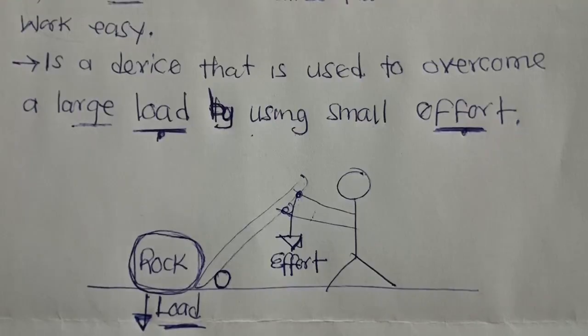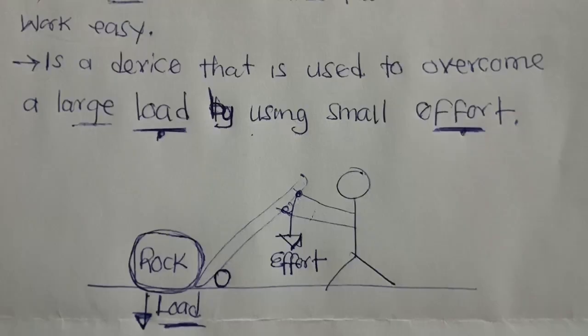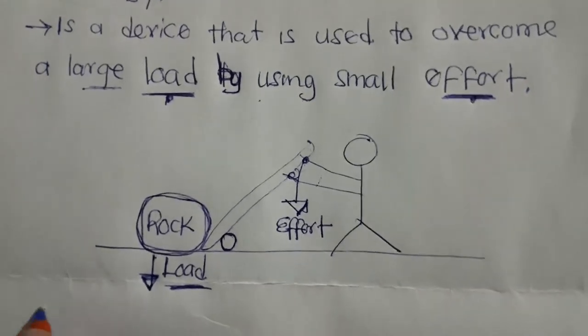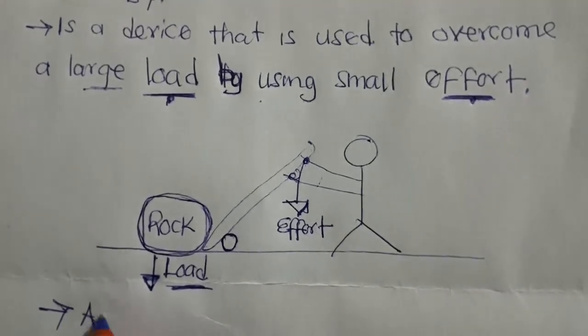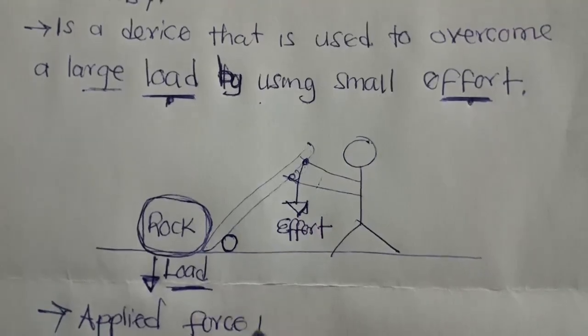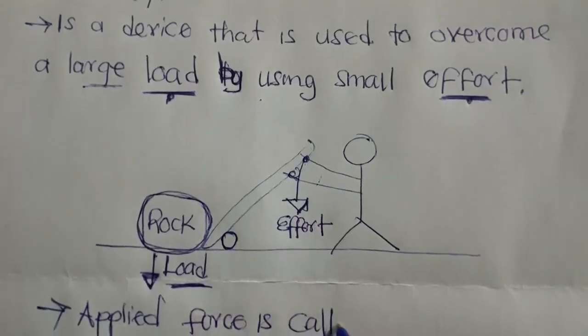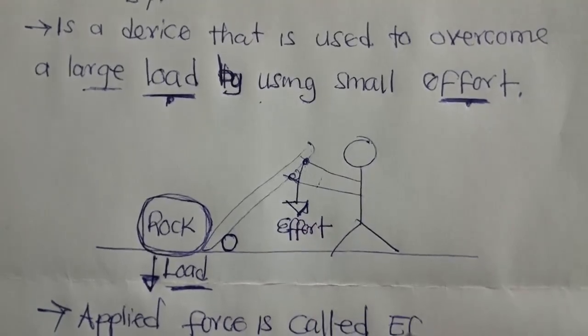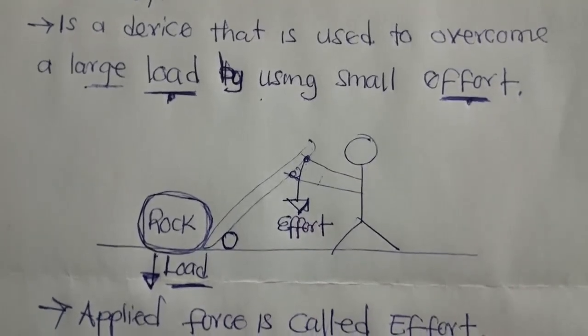So this is what is happening, and this is what I want you to get. The applied force is called effort. These are points that you need to get. The applied force is called what? Effort. Get this.